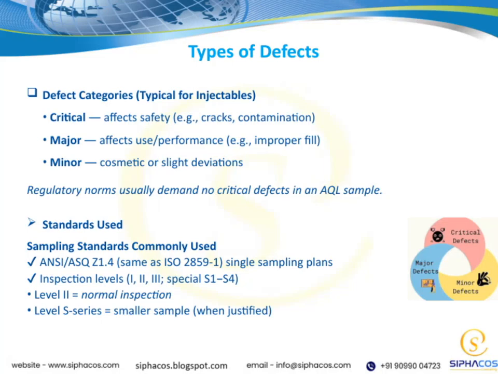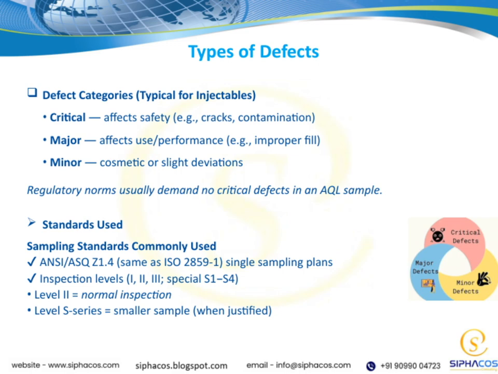Let's take a closer look at the different types of defects we might encounter, especially in injectables. We generally categorize defects into three main groups. Critical defects are the most serious because they directly impact safety, such as cracks or contamination. These are the issues that could pose risks to patients and are therefore strictly regulated. Then we have major defects, which affect the use or performance of the product. For example, improper fill levels could compromise effectiveness, but might not be immediately dangerous.